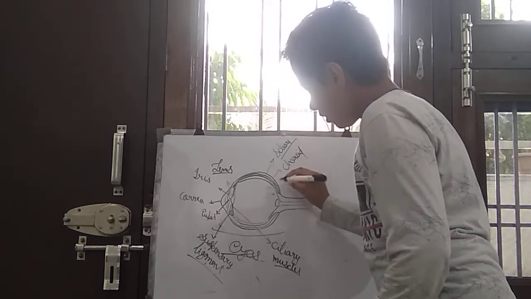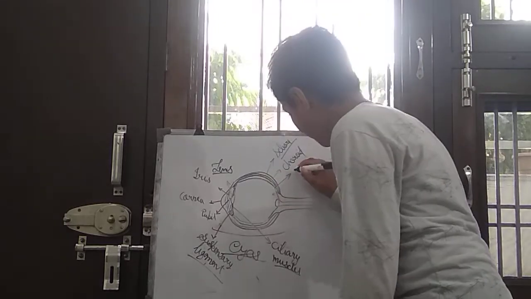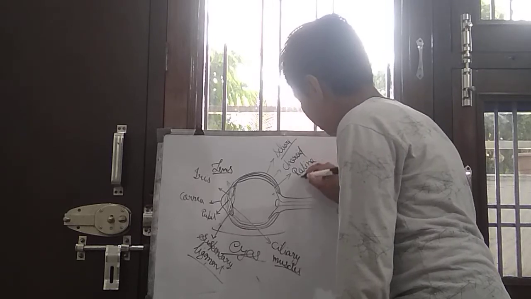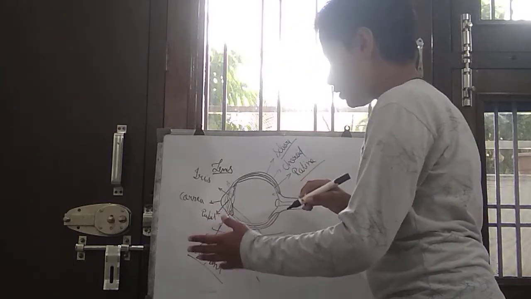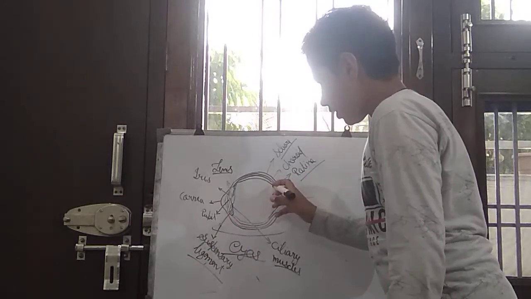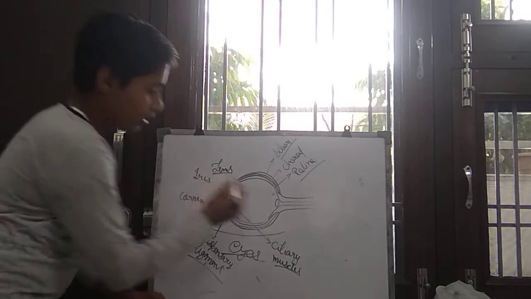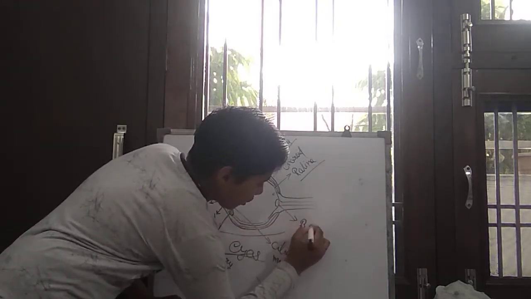After the choroid, friends, this is an important part for seeing the image. This is the retina. The image forms on the retina. When we see any image, it forms on the retina. Now friends, see, this is the blind spot.